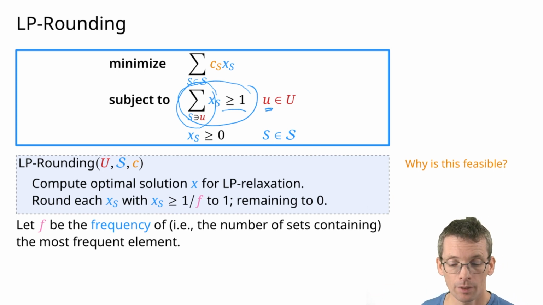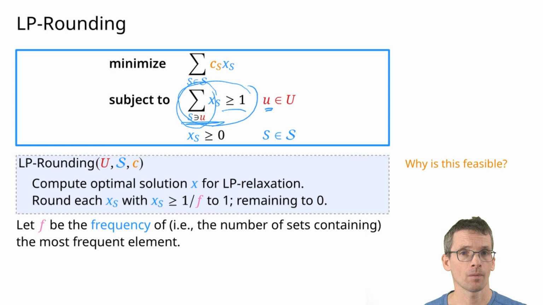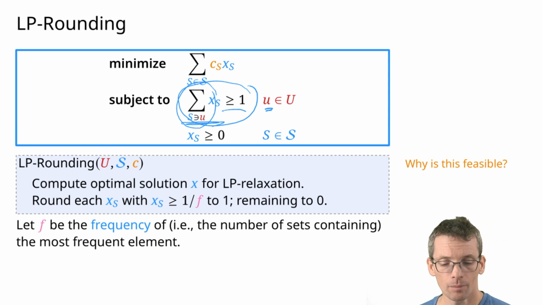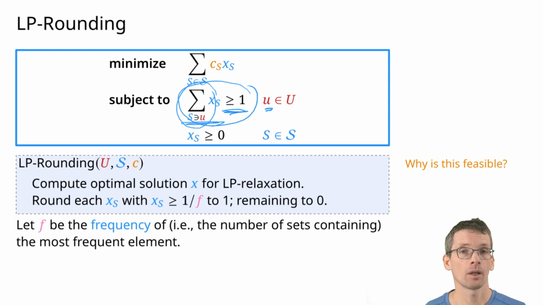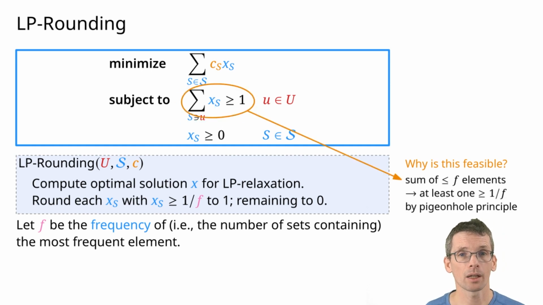That means this sum for any element contains at most f variables. But the relaxed LP guarantees that the sum is at least 1, and I have at most f variables, so at least one of those variables has to be at least 1 divided by f.